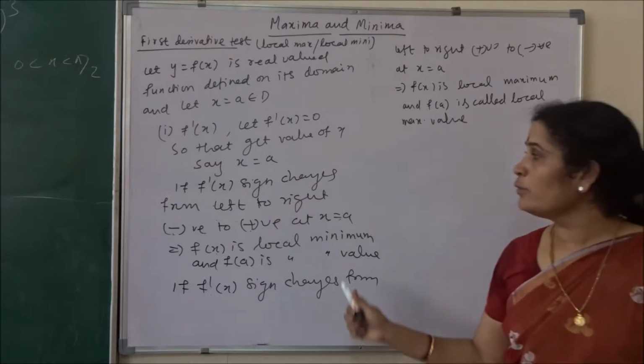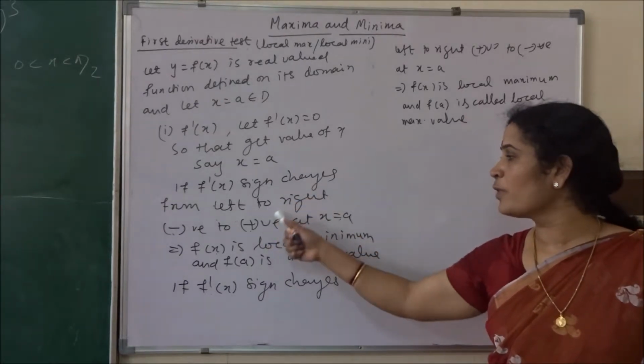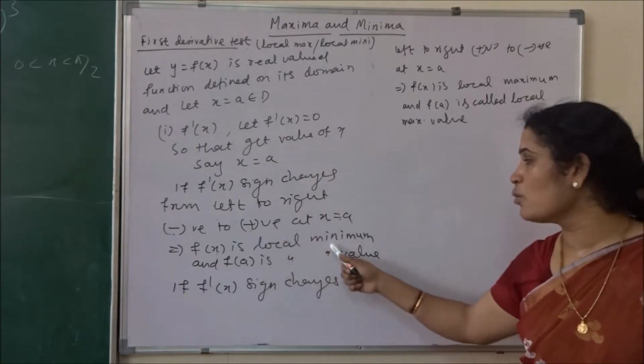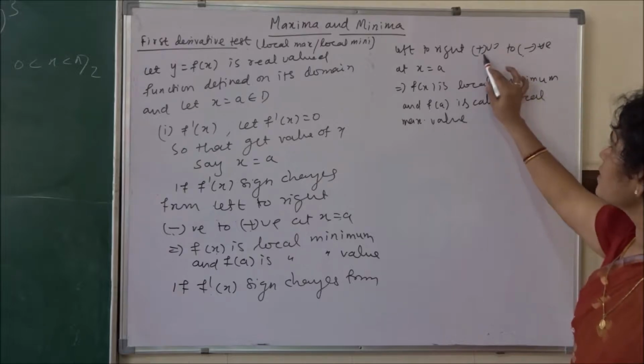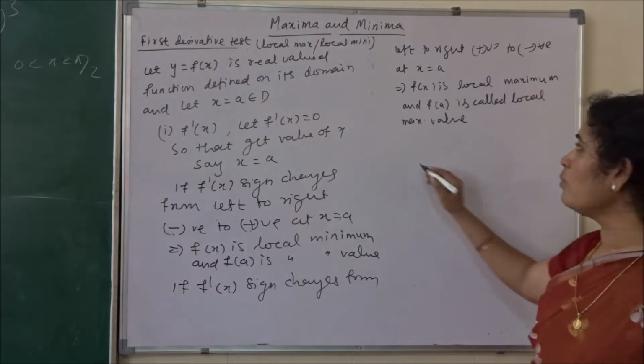Now see what I told you. If f dash of x sign changes from negative to positive, that is local minimum. If the sign of f dash of x changes from left to right, from positive to negative, then that is local maximum.